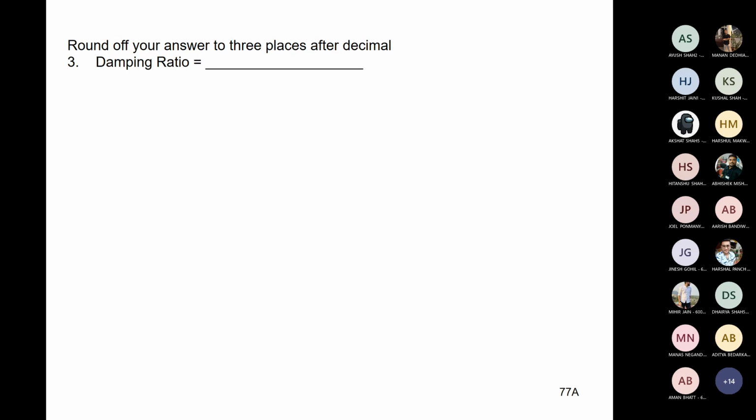All right, calculate and just enter the value in the quiz form. Part A, there are total 12 questions. One by one, we go.